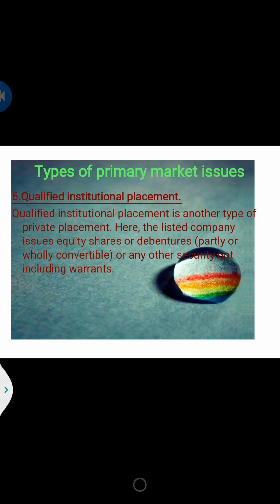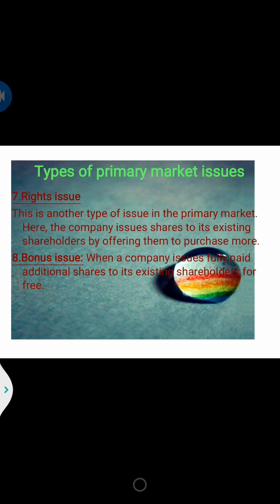Comparatively, qualified institutional placement is simpler than preferential allotment, because it does not attract standard regulations like submitting a pre-issue filing with SEBI. Thus the process becomes much more comfortable and less time consuming. The next is your rights issue.